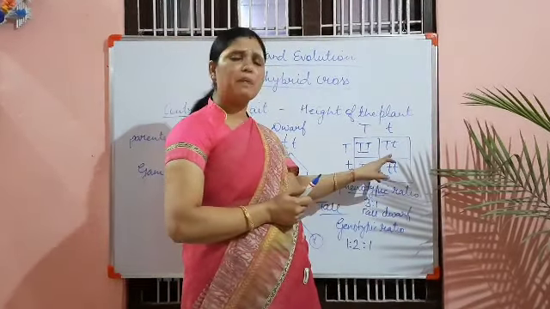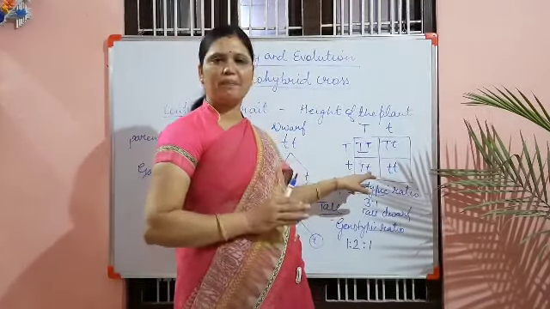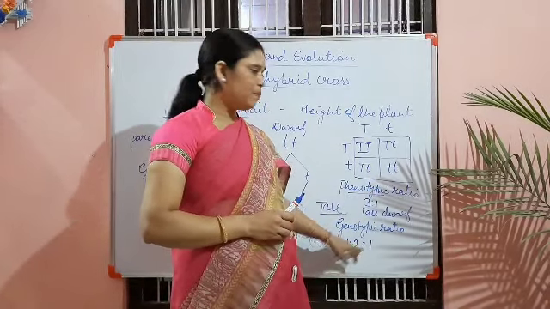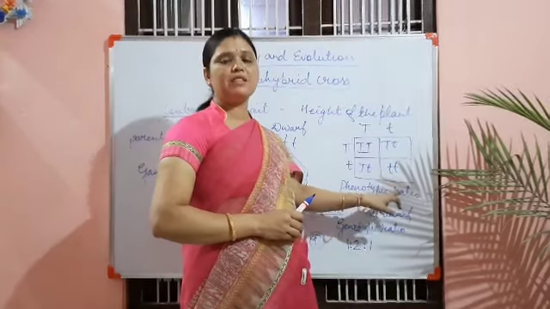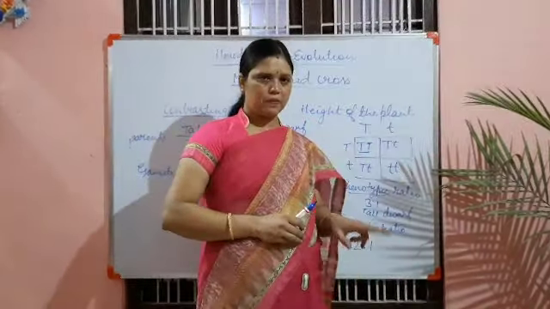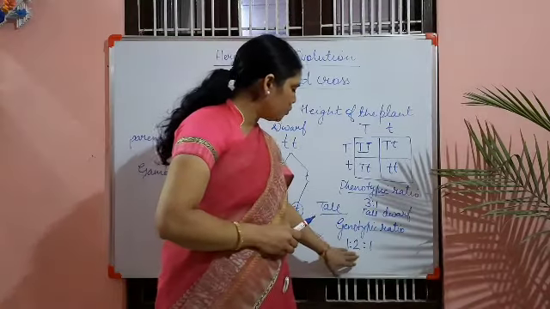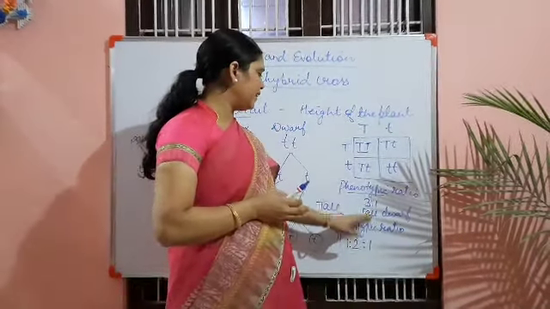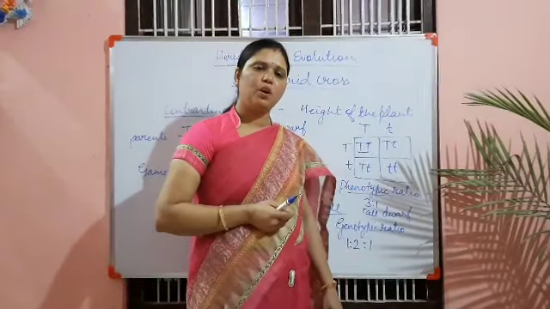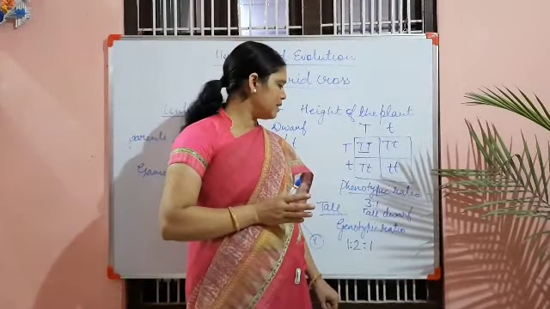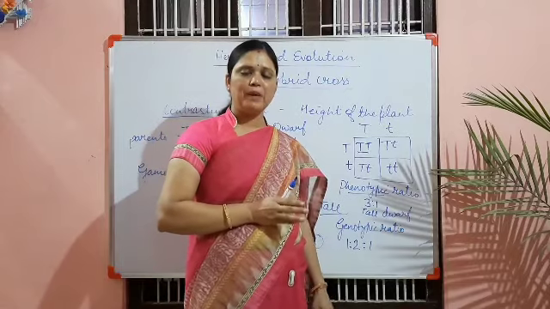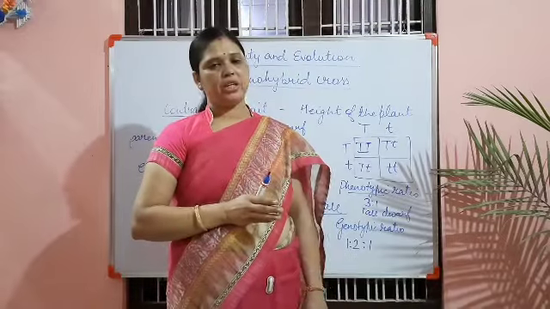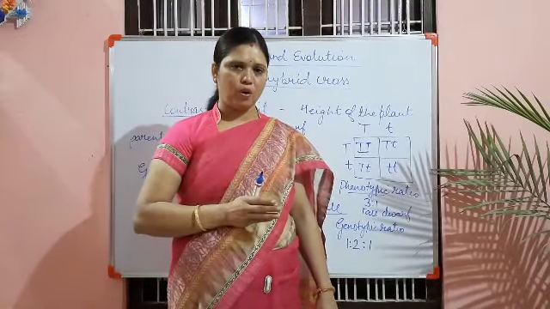But 2 appear as tall, but actually these are not completely tall, so that is why it is represented by 2. 1 is dwarf because of the presence of 2 recessive genes. Okay, that is 1:2:1. It is always constant. In the exam, it can be asked: write the phenotypic and genotypic ratio of monohybrid cross. So 3:1 is the phenotypic ratio, and 1:2:1 is the genotypic ratio for the monohybrid cross.